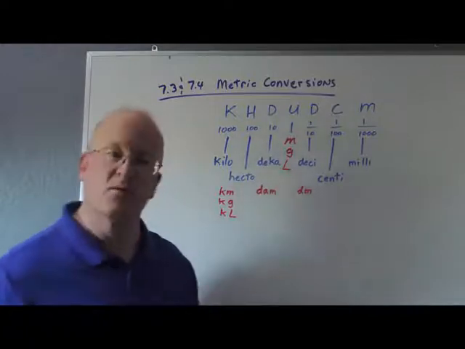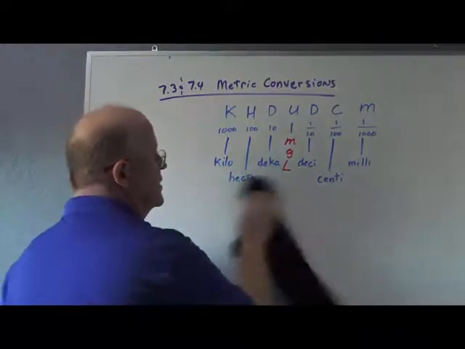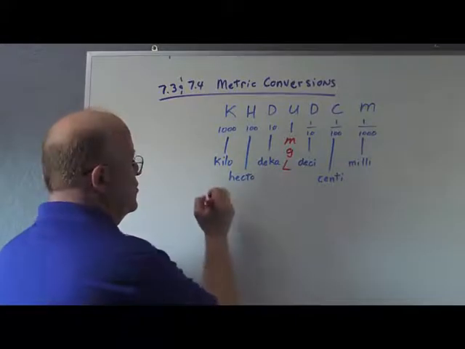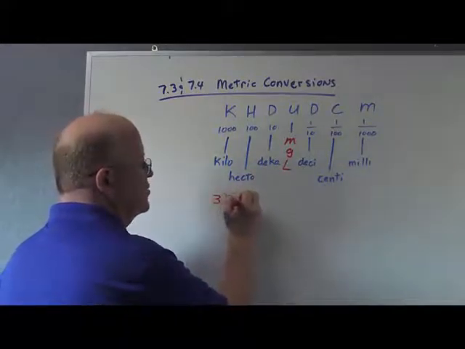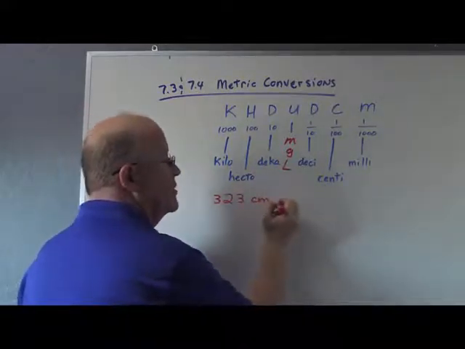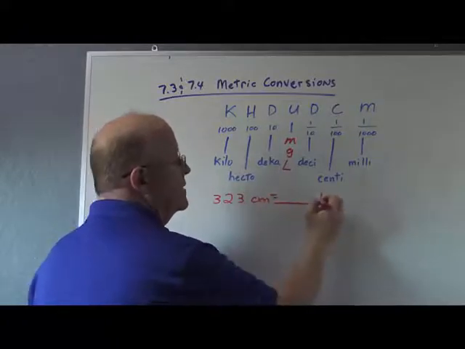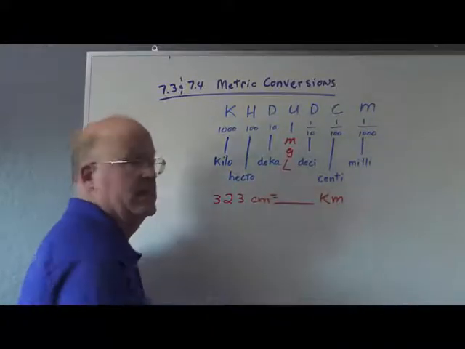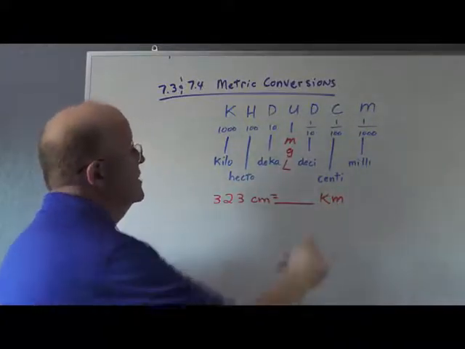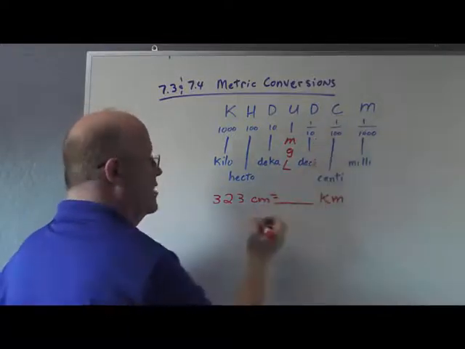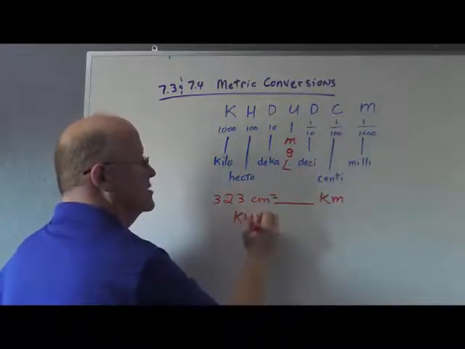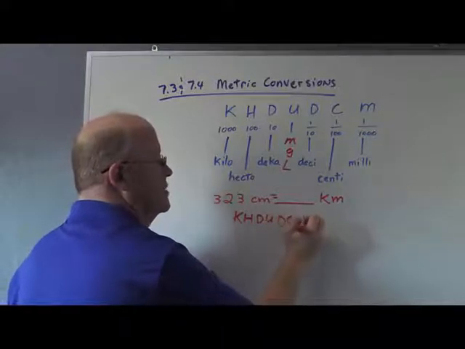Okay, let's start with our first conversion here. Let's say we have 323 centimeters, and we want to know how many kilometers this is going to be. What you would do is you'd say, I'm starting here at centimeters. I would rewrite Kids Have Donuts Until Dad Calls Mom.